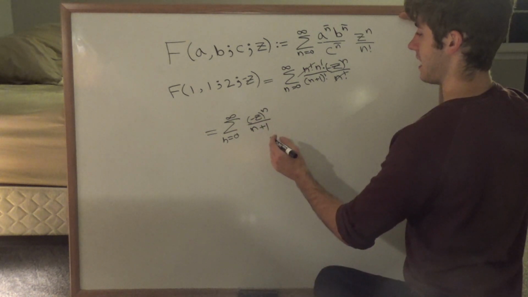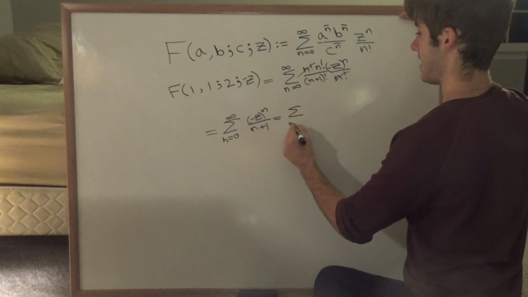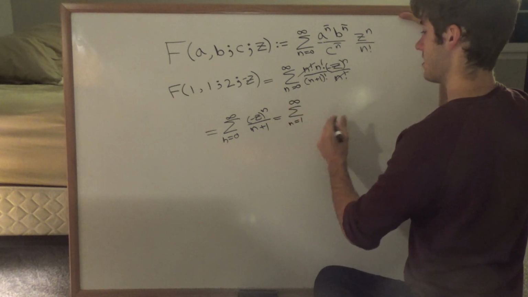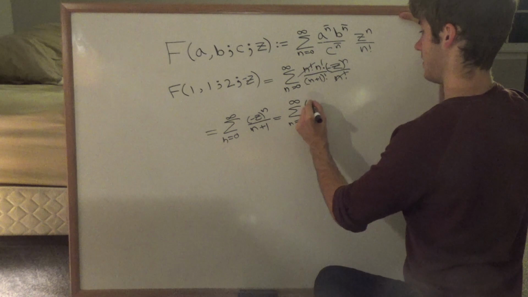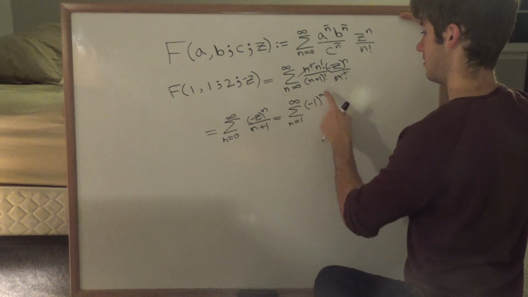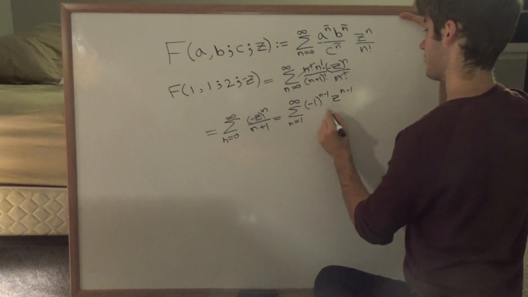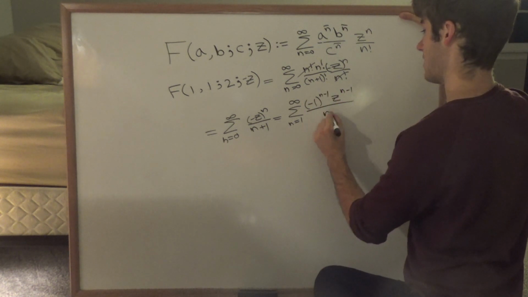Raise everything up by plugging in n minus 1, and we end up with the sum from n equals 1 to infinity of negative 1 to the power of n plus 1, or I could do n minus 1, it doesn't matter, times z to the power of n minus 1 over n.